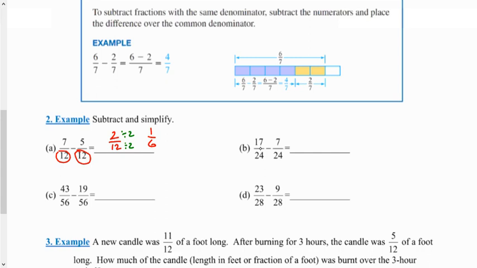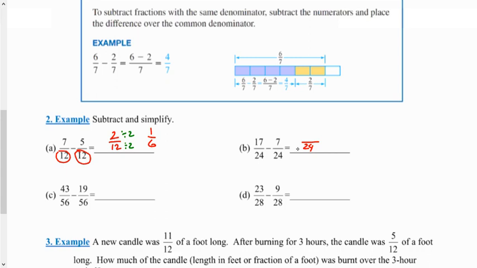Over here I have 17/24 minus 7/24. I can see that once again I do have those common denominators right there. So if I've got the common denominators, that means I can keep the denominators. And this will just end up being some 24ths, right? 17/24 minus 7/24.